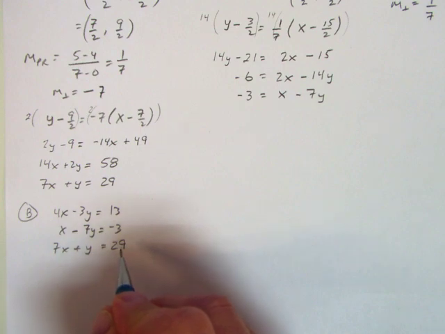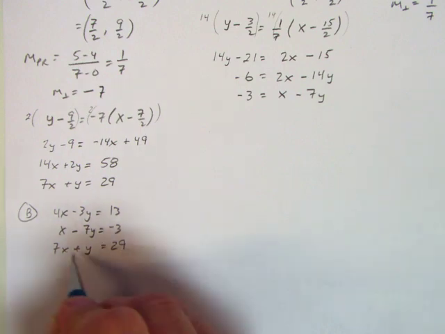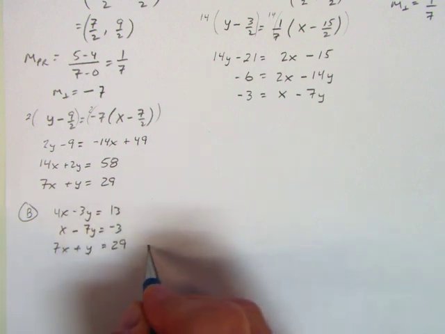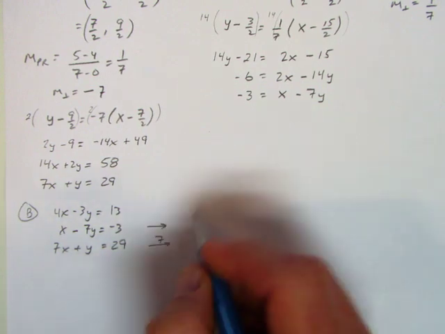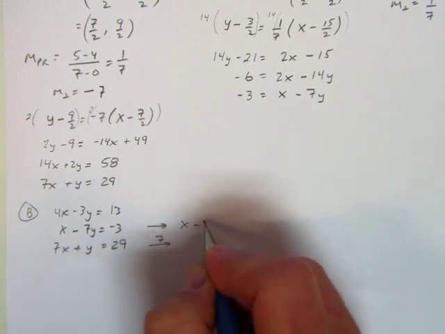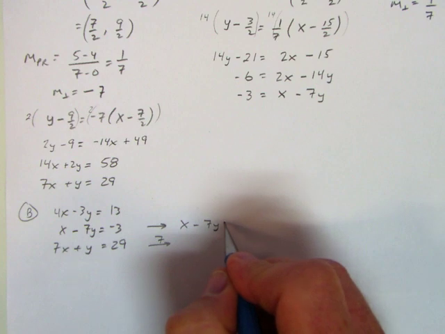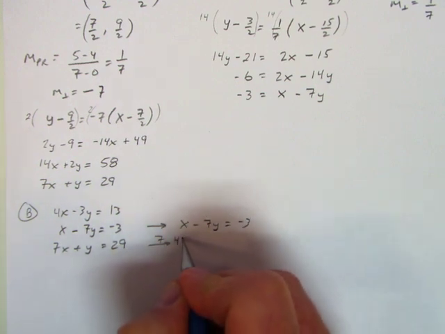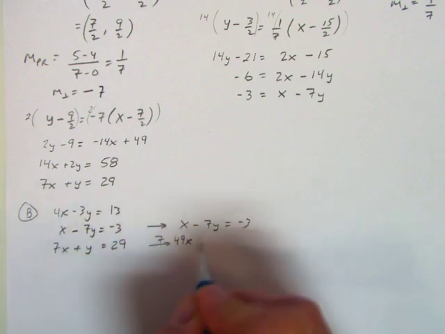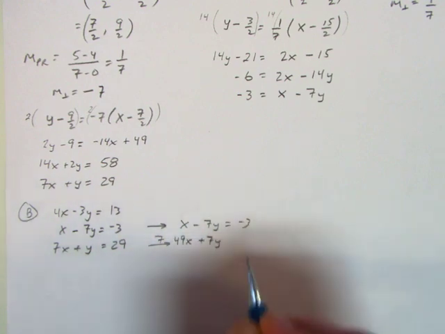Let's get rid of the y value. So on this bottom I'm going to multiply by 7. Well, that's going to be a little bit harder since that's a bigger number, and the top we'll leave alone. We'll see what we get. So I multiply by 7, I'll have 49x plus 7y.